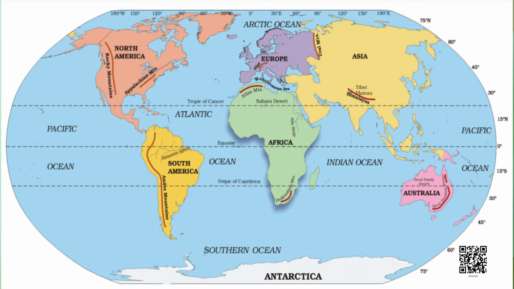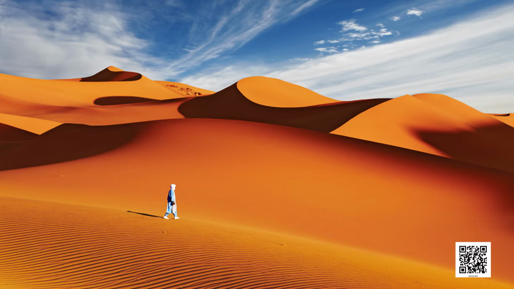The equator or 0-degree latitude runs almost through the middle of the continent. A large part of Africa lies in the northern hemisphere. It is the only continent through which the Tropic of Cancer, the equator and the Tropic of Capricorn pass. The Sahara Desert, the world's largest hot desert, is located in Africa.